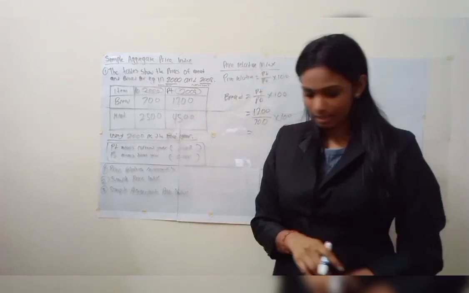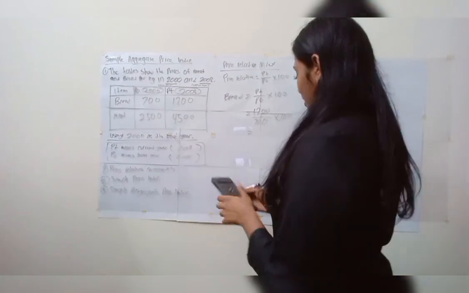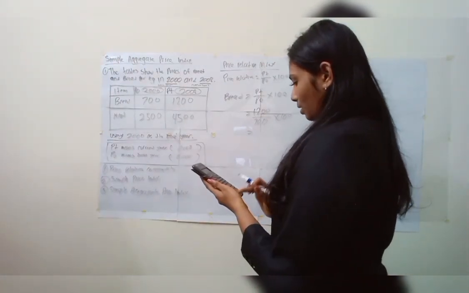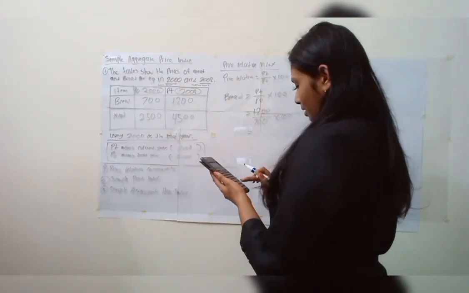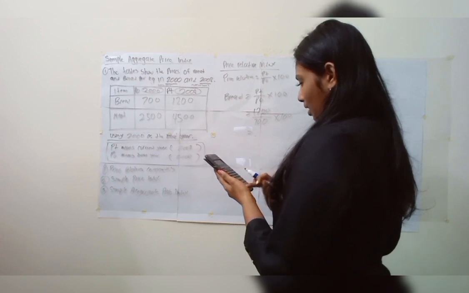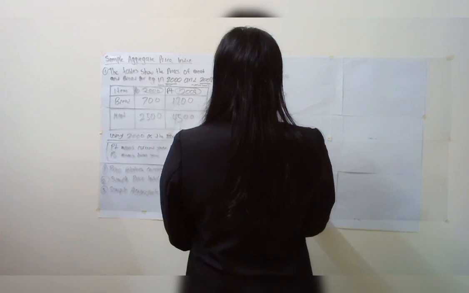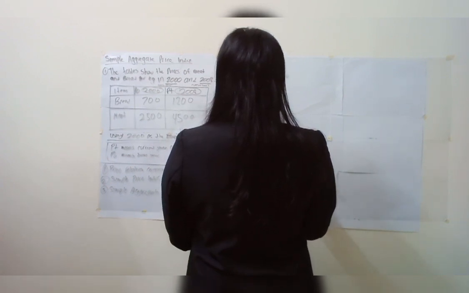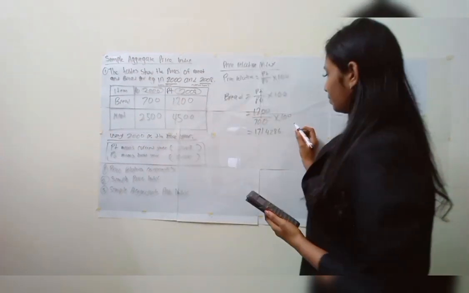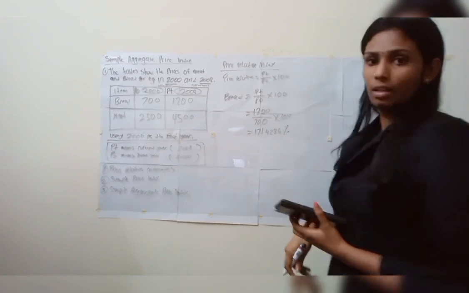So 1200 divided by 700 times 100. The answer is 171.4286.